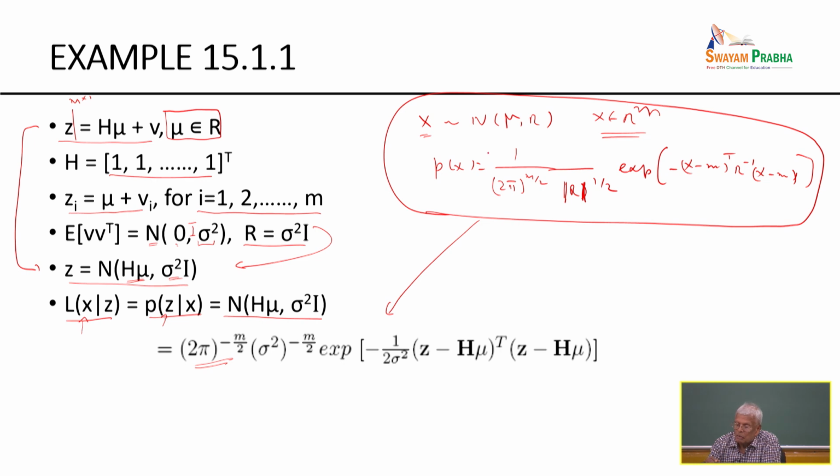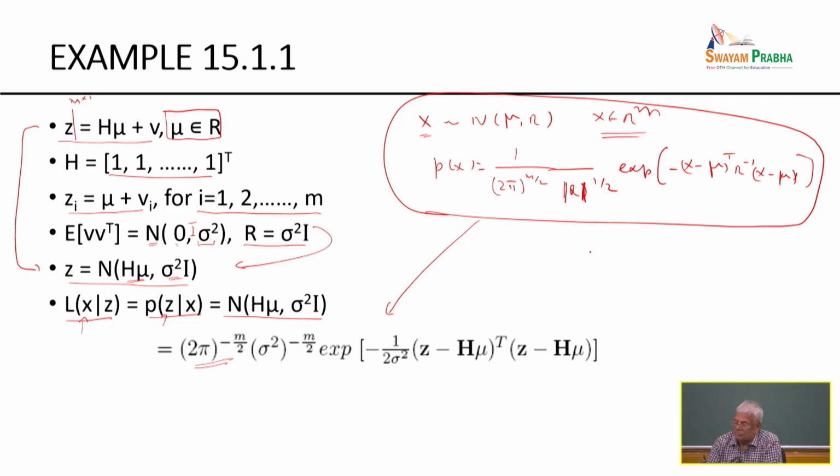So p of x is equal to 1 over 2 pi to the power m by 2 times the square root of the determinant of R, times exponential of minus x minus mu transpose R inverse x minus mu. This is the expression for the multivariate Gaussian distribution. You should know this. This is the standard one.